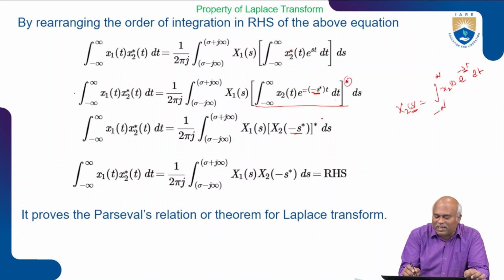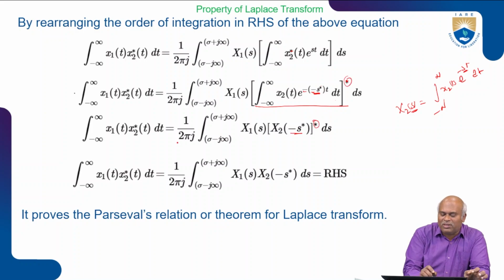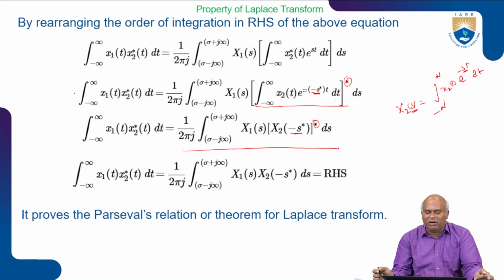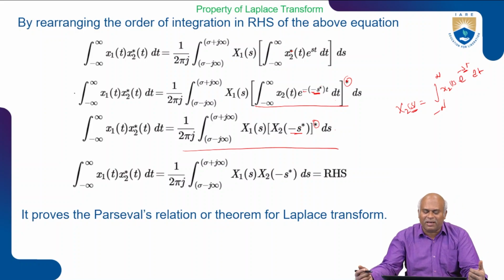This whole star comes here. So finally, our equation consists of 1 by 2 pi j integration from sigma minus j infinity to sigma plus j infinity of x1 of s x2 of minus s star, whole star, ds. Okay, this equation I modify as per the statement of the Parseval relation.